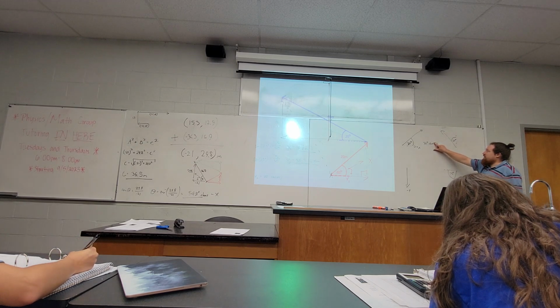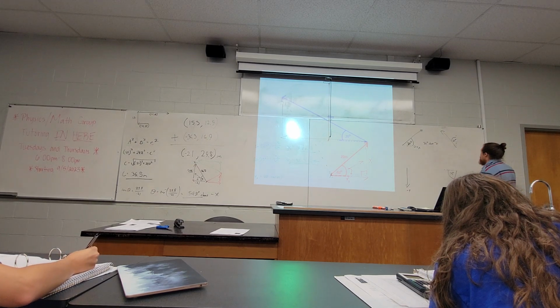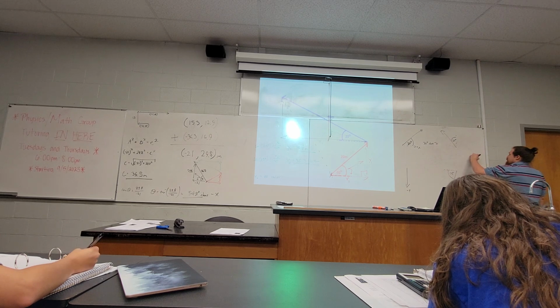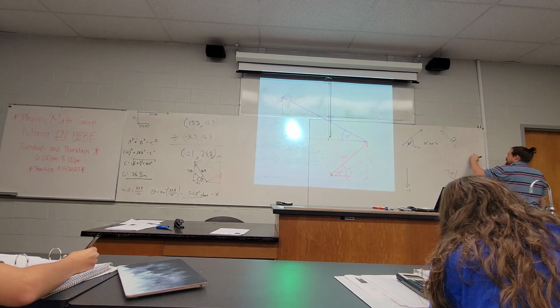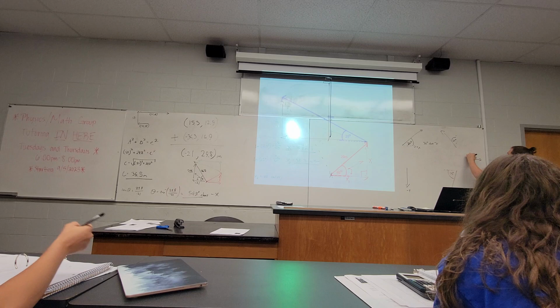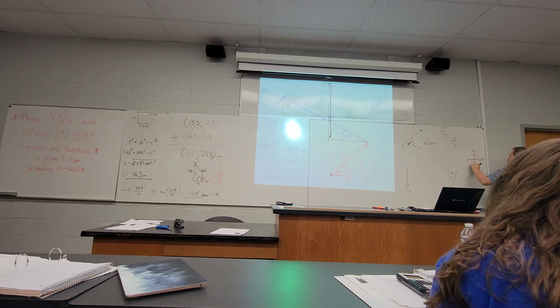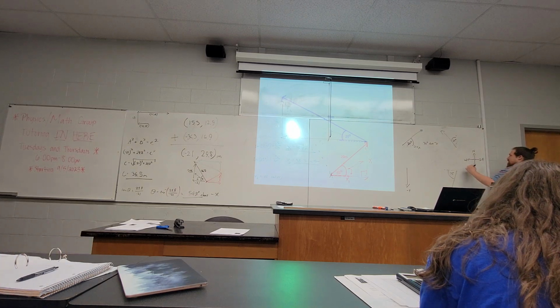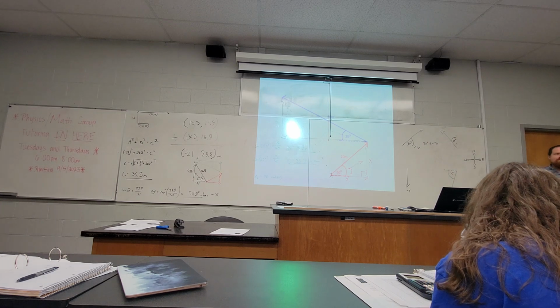But I also want to add in a different frame of reference option, because a lot of questions, rather than positive x and y, use compass orientation, north, south, east, west.